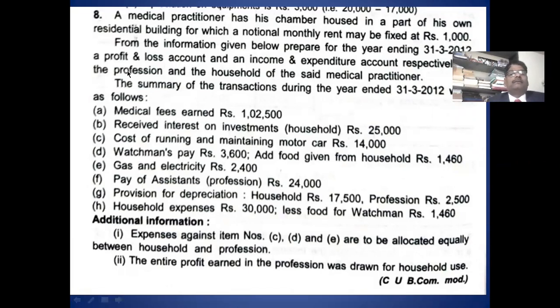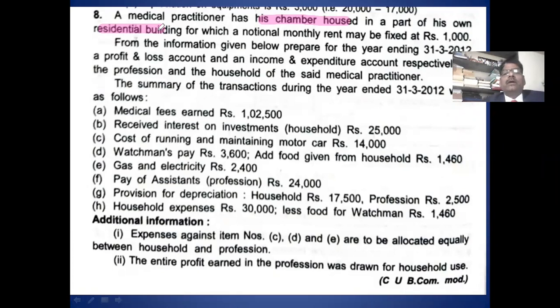In this problem, here is the medical practitioner. You see here his chamber is housed in a part of his own residential house building. So doctor's chamber is in the residential house itself.